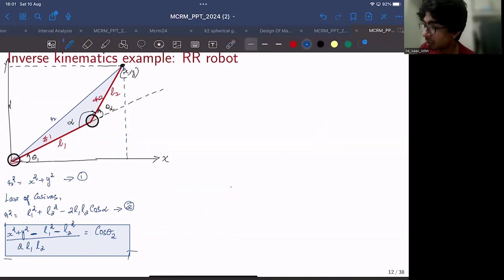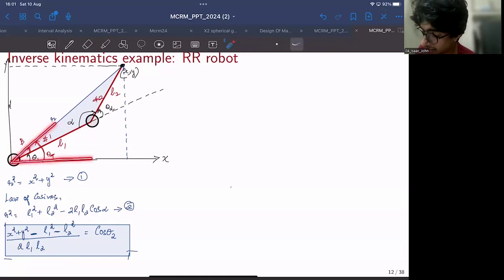So now that you have solved for theta 2, you are left with one more joint variable, that is theta 1. So how do you solve theta 1? In this case, if I label this entire angle, from 0 all the way to this line R, as theta t, and if I label this angle as beta, I hope that is clear.